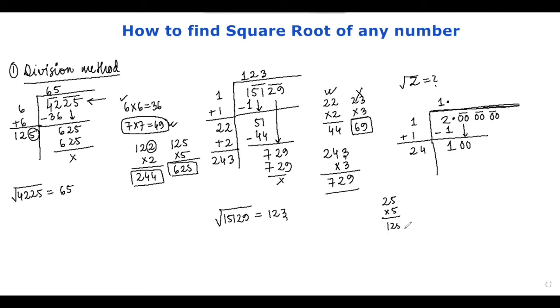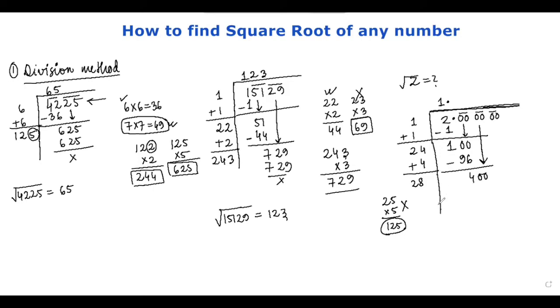Okay, so it will be greater than 100, so we cannot take 25, so we'll have to stick with 24. Then after multiplying 24 with 4, we get what? 96, and we add outside the 4 with 24, so we get 28 here. Okay, and inside after subtracting we get 4, and the whole 2 zeros will come down.